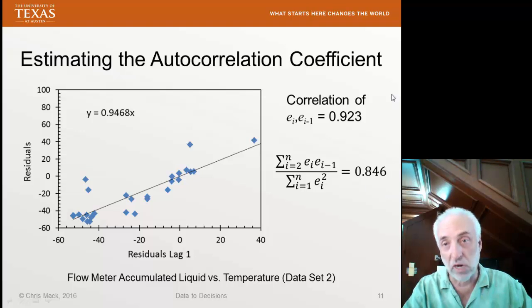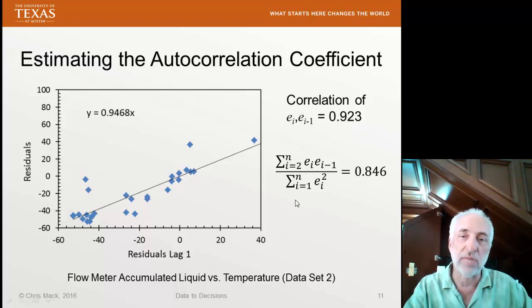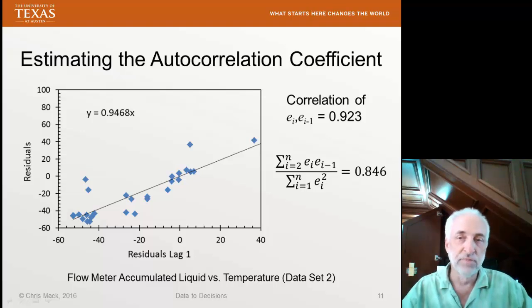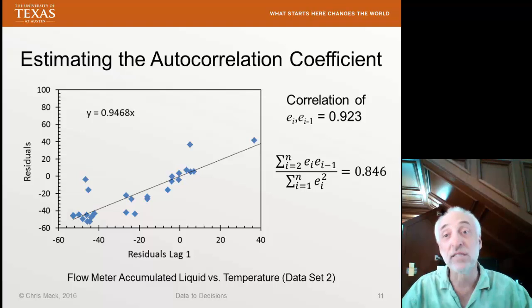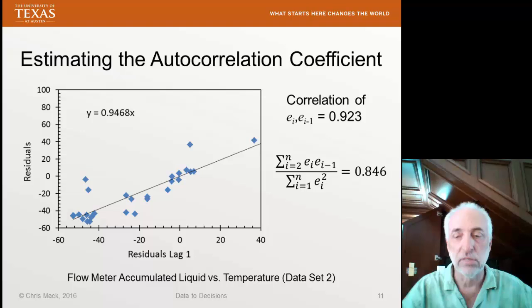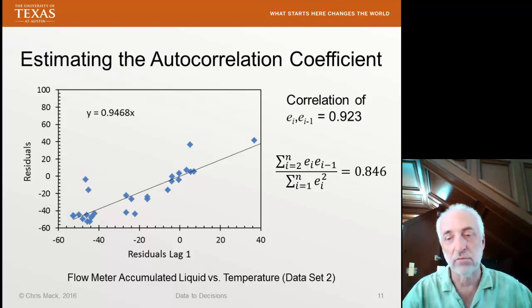When I do a correlation between these two columns of data, the residuals and the lag 1 residuals, I get 0.923, so a little bit lower. And if I do this R prime calculation with this formula, I get something lower still, 0.85. All of these are reasonable. And if we used any one of these, it probably wouldn't affect the answer too much. But we're going to use the correlation as our method of estimating rho.